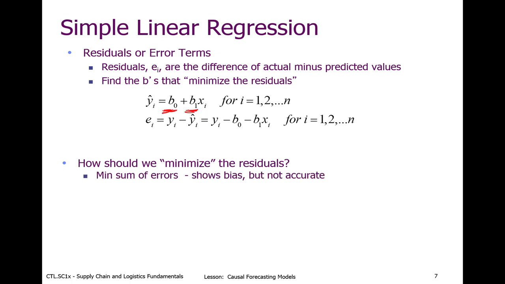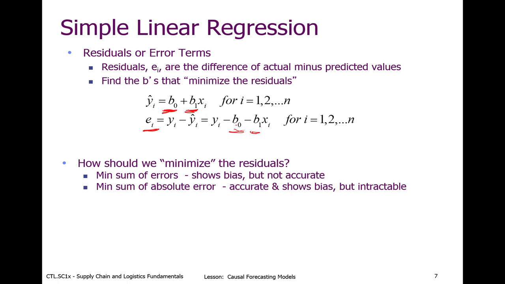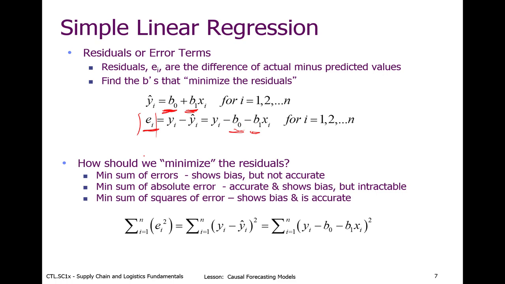And I could do this a bunch of different ways. I could say, okay, pick the b naught and b1 so that the sum of all the errors is as small as possible. Or I could say, pick the b naught and b1 such that the absolute value of the errors is a minimum. But what's typically done is we minimize the sum of the squares. And so what is that? Well, I just simply take the error term, square it, and I'm going to minimize the sum.